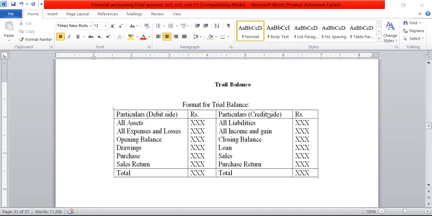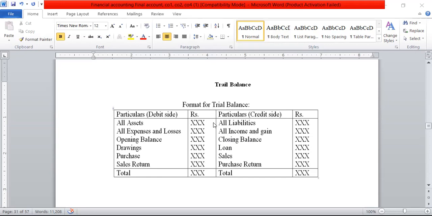Coming to the credit side of the trial balance: all liabilities, all incomes and gains, closing balances, like bank loan, sales, purchase returns. This is a general format of trial balance.